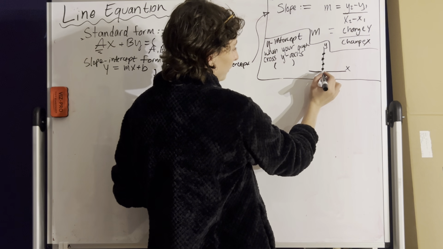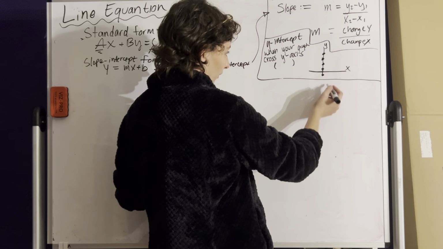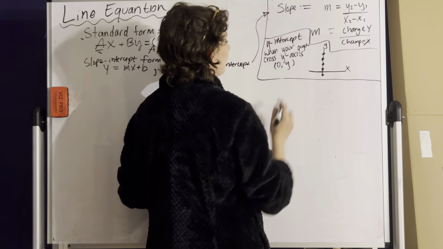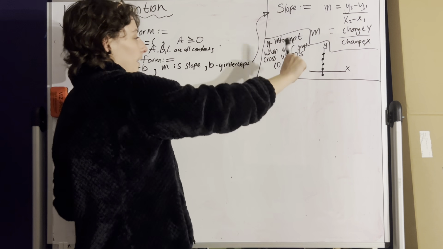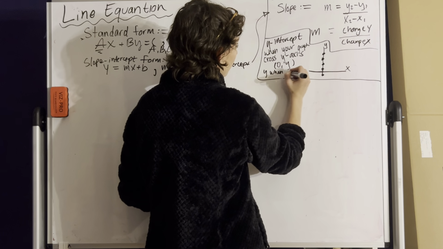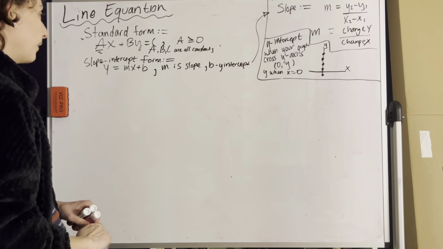If I start at the origin and land on the y-axis, we never moved in the x direction. So our x coordinate is always going to be 0. And so our y-intercept is y when x is equal to 0, which is kind of cool. We can use that later on.